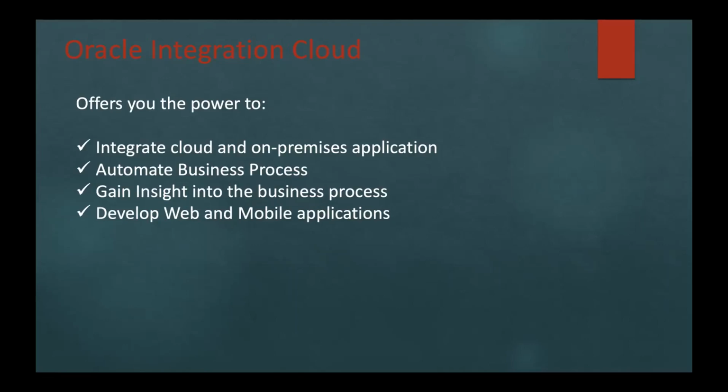Integration is one of the features of OIC, which is used to build an integration to transfer data from cloud application to on-premises, cloud to cloud, or on-premises to cloud too.